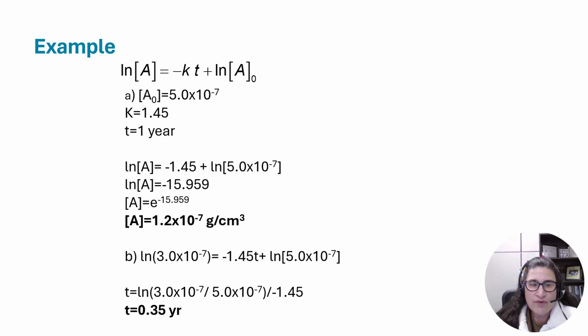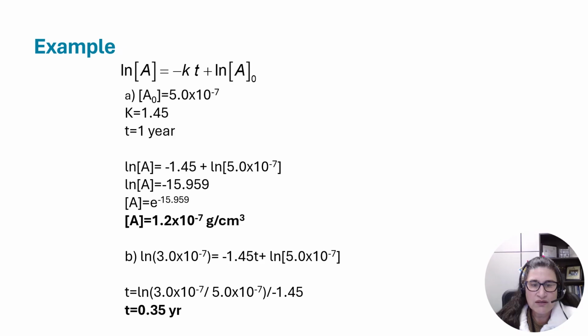All right, so my rate law is ln of A equals minus kt plus ln of the initial concentration. What I was given was the initial concentration, I was given the constant, and I was given the time, which was 1 year. So I'm going to plug in my k, and I took that times 1, so I got that.